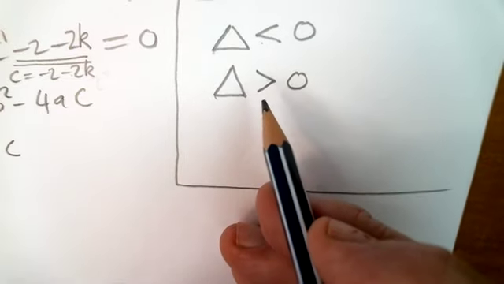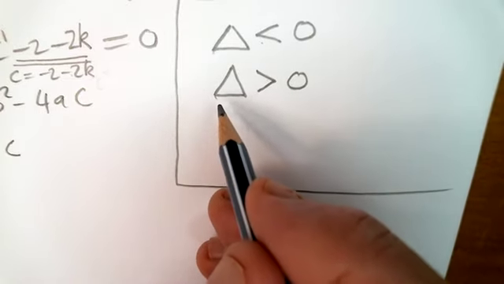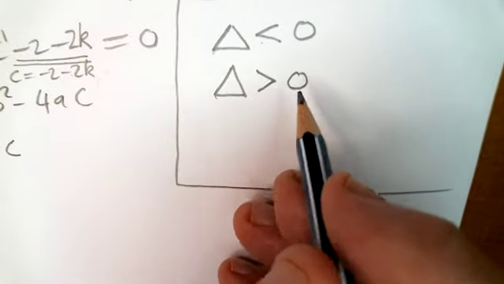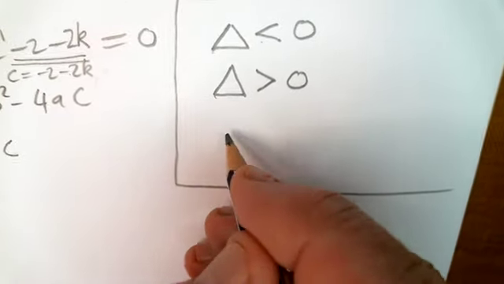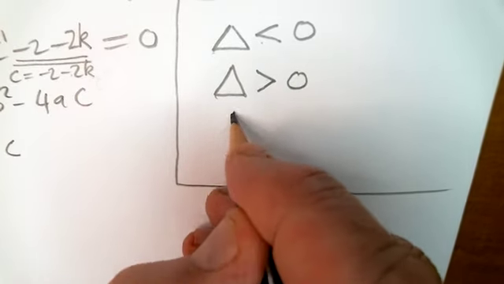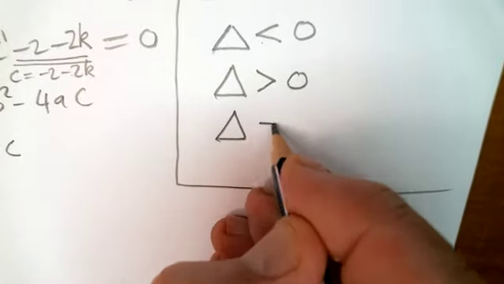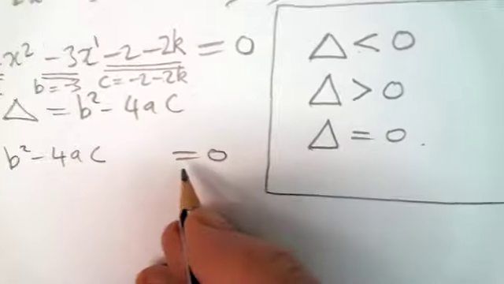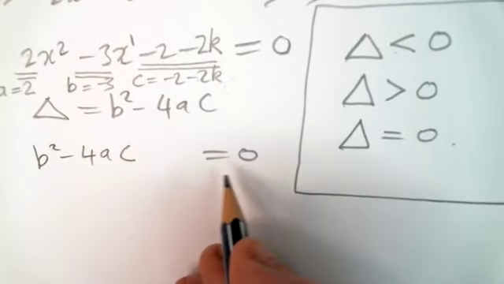If the quadratic equation will be intersecting at more than 1 point, then the discriminant will be greater than 0. And if the quadratic expression or equation, well, equation in this case, would be intersecting at only 1 point, then the discriminant would be equal to 0. So this is going to have to equal 0. I'll put equal 0 way out here because we're going to have a few things going here.